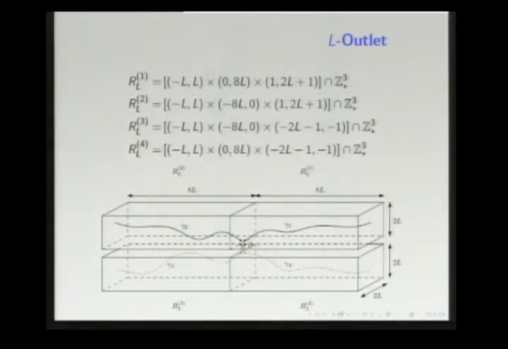I have an L outlet if I have an outlet in the centrum, and starting from this vertex, I have some path of 1s connecting this vertex to the right side of this rectangle. Okay? And I have analogous crossings, a crossing of 1s from this vertex to the left side of this rectangle, and the same below, but a path of 0s. Okay? This is an L outlet.